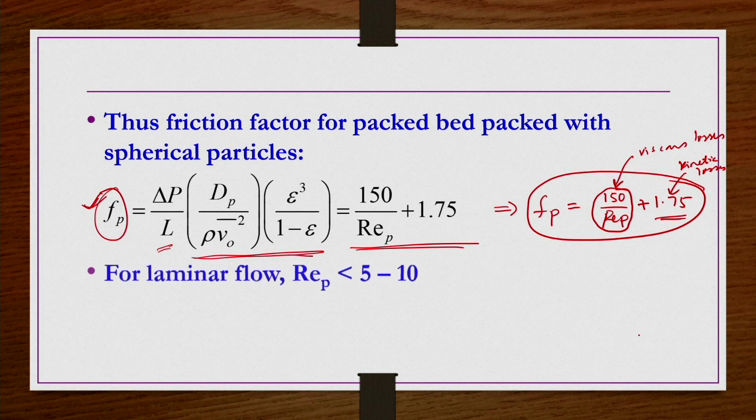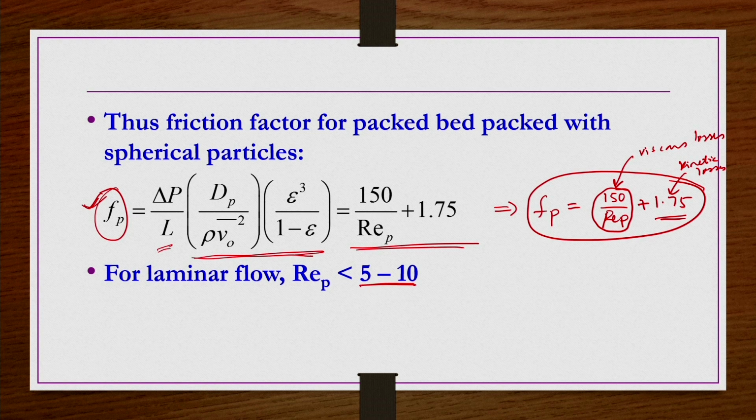So, for laminar flow Rep should be less than 5 to 10. In general, it should be less than 1 by default, but people have found by several experimental studies that it can be extended even up to 5 to 10.